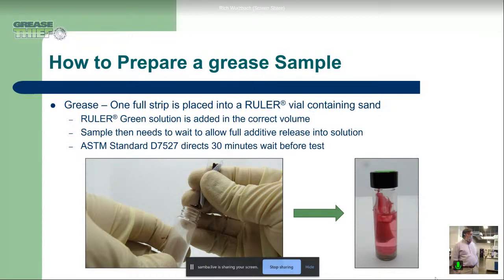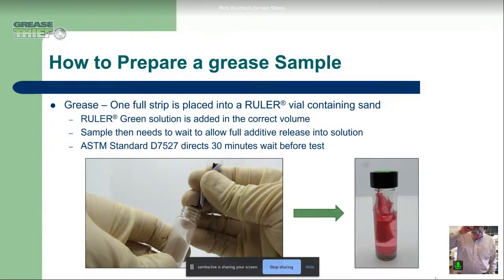And if you remember in that table, we showed you that our target is 250 milligrams of grease. So we're pre-creating, if you will, in an optimal configuration, being a thin film on a substrate, this grease sample, so that we can add that directly to the RULER solution.